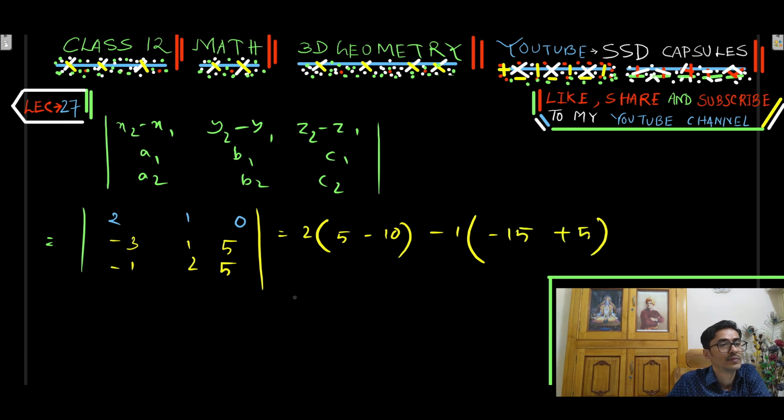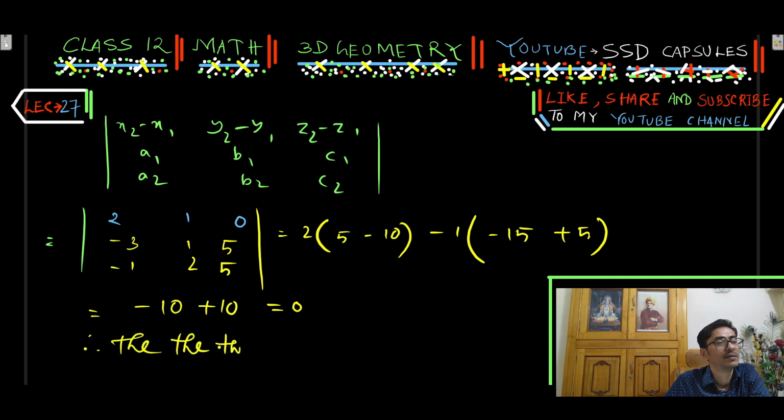So equals 2 into minus 5, so minus 10, plus 5... minus 10 plus 10. So here we got the value 0. Therefore the two lines are coplanar. So done, proved.